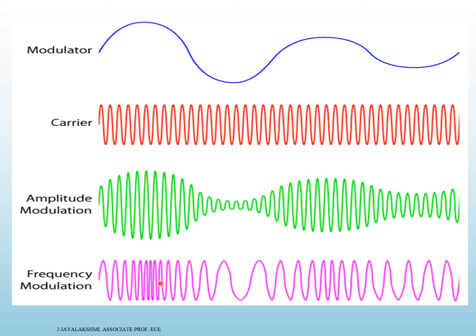Time period is less, obviously, because time is inversely proportional to frequency. So, you can see it is a high frequency signal. When your amplitude is low, you choose a low frequency signal, that is, the time period of one cycle is very high compared to the time period when the amplitude is positive or higher. So, this results in a frequency modulated signal.